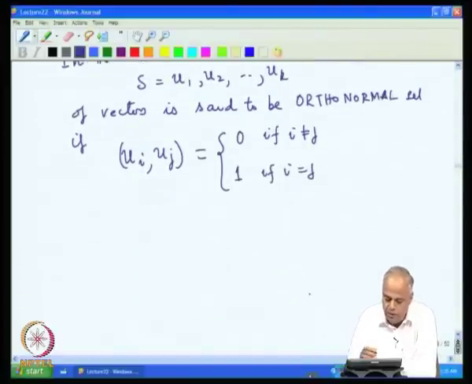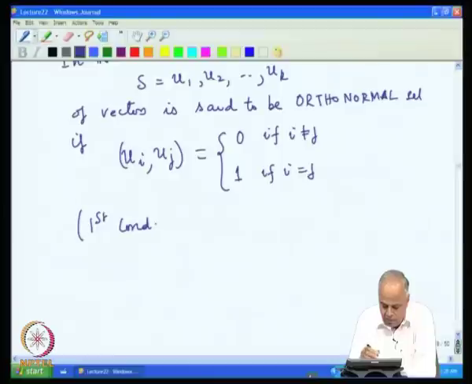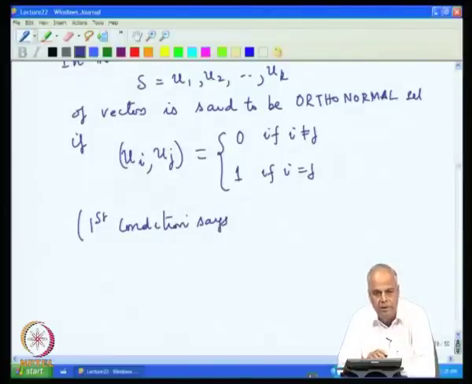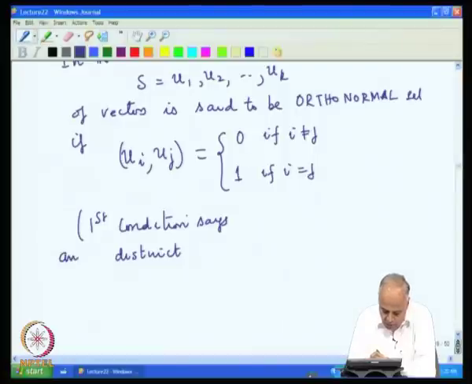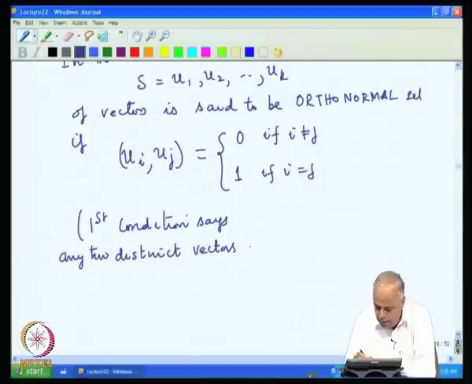Now, what does the first condition say? The first condition says if i is not equal to j, that means they are distinct vectors, then the inner product is 0 means they are orthogonal. So, any two distinct vectors in S are orthogonal.